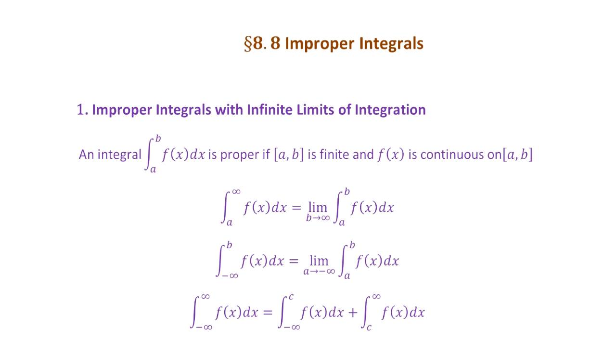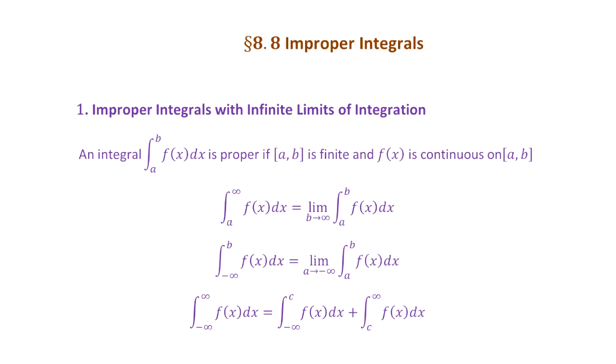All right, so let's talk about proper integrals first, then we can talk about improper integrals. An integral of f from a to b is proper if the closed interval [a, b] is finite. You just integrate the function on a finite interval on the x-axis.